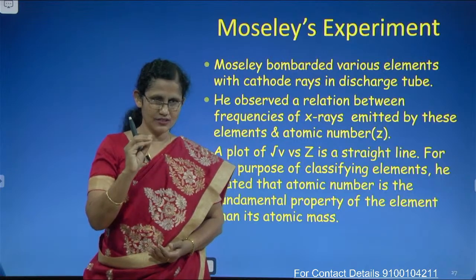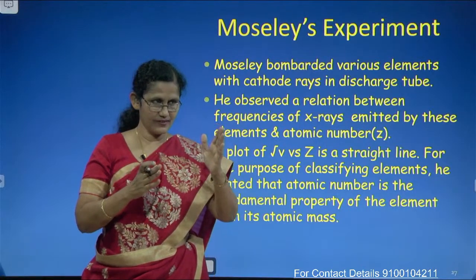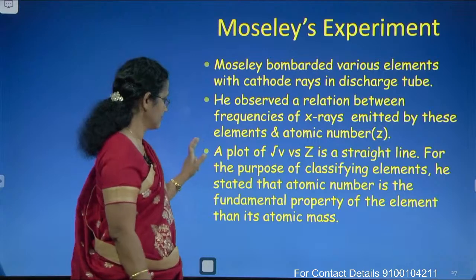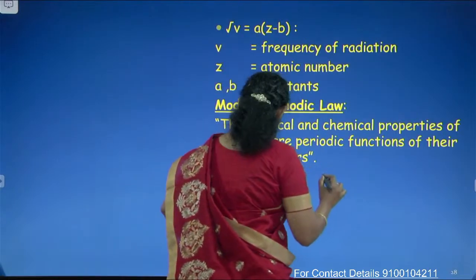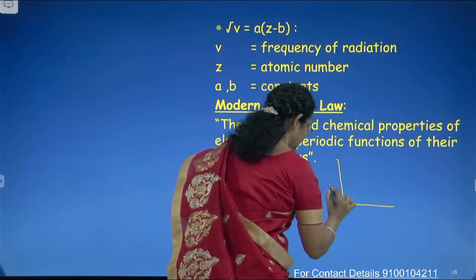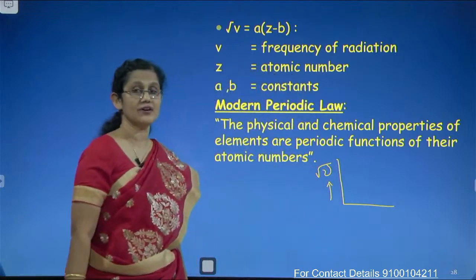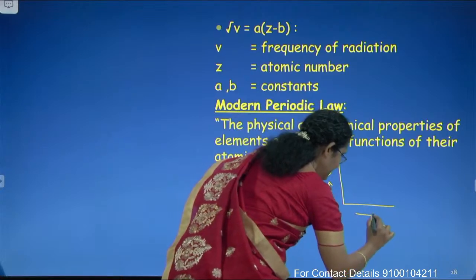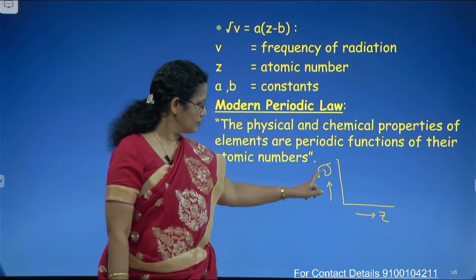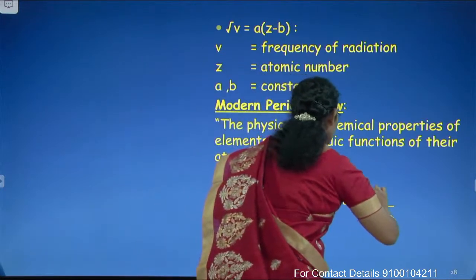What is Moseley's observation? He drew a plot by taking root nu, the square root of the frequency of X-rays emitted, versus Z, where Z indicates atomic number. So he got a straight line.